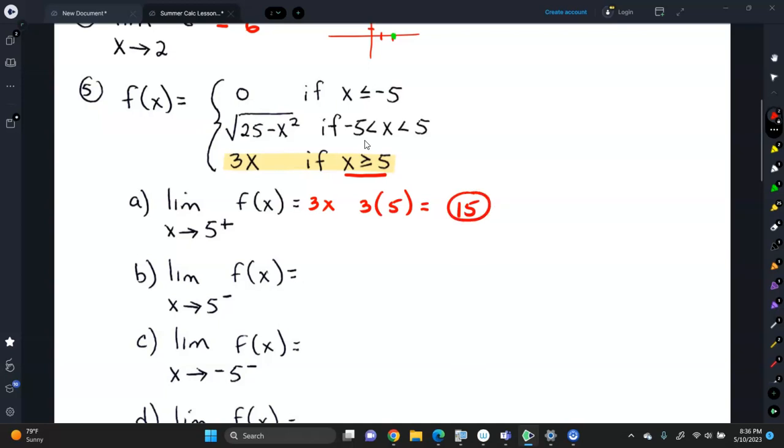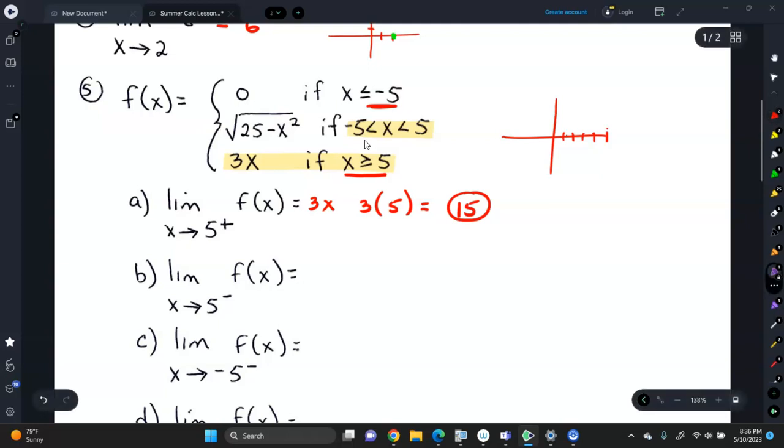Now, as we approach 5 from the left, we're going to use this part. And we're talking about close to 5. So I know that here's x equals 5. I know that this is also to the left of 5, but we're looking at x values that are approaching 5.